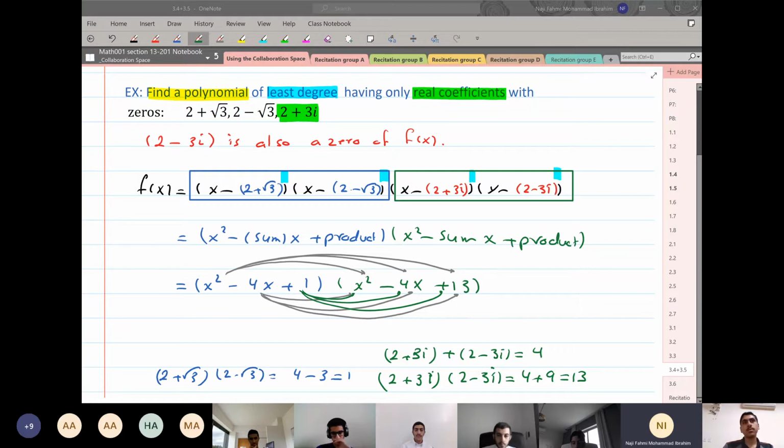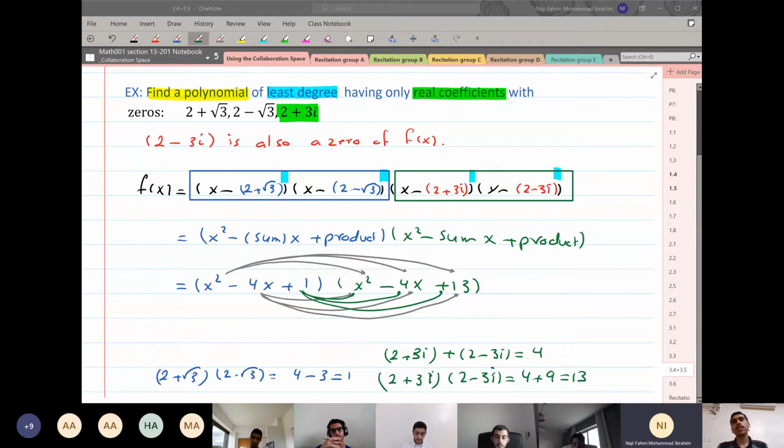But in the case of irrational, the coefficients should not only be real, the coefficients should be rational. Again, if we have one of the zeros that is irrational, the conjugate of the irrational will be a zero if all the coefficients of the polynomial are rational, if you'd like to take this theorem.